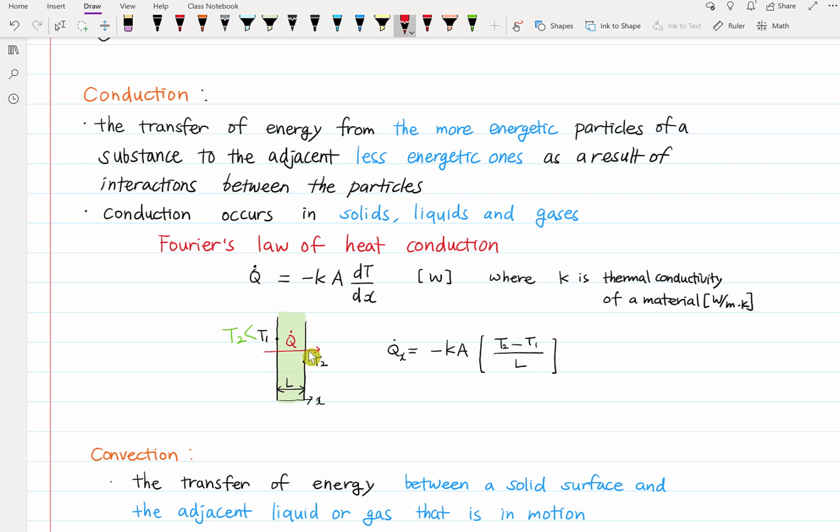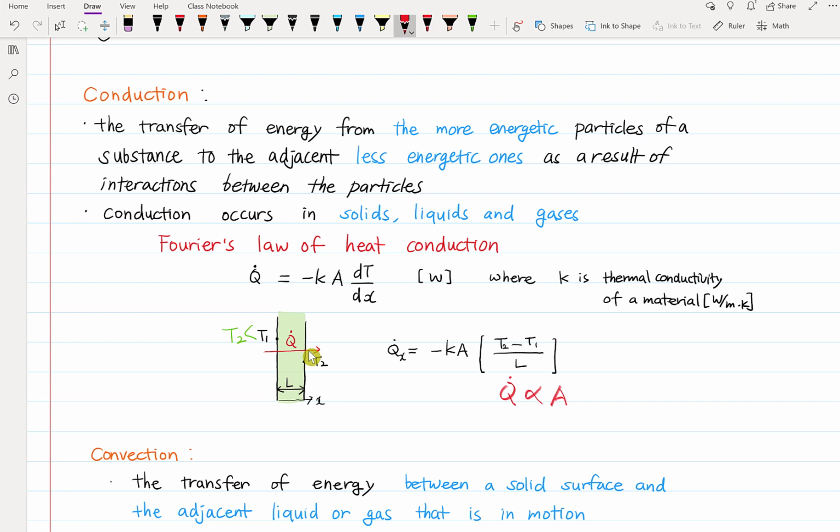Experimental observations show that the rate of heat transfer, Q dot, is proportional to the heat transfer area. The larger the heat transfer area, the more heat can conduct through a medium.